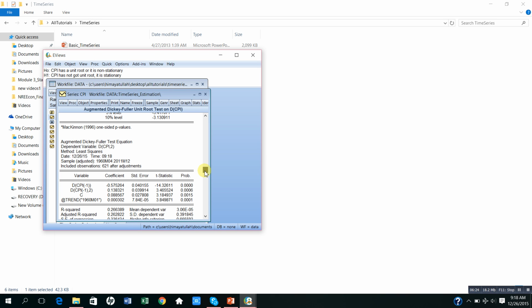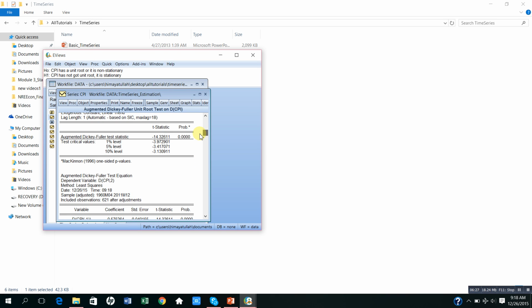Now if I compare the ADF test statistic, that is minus 14.32611, with the test critical values at 1%, which is minus 3.97, at the 5% level it is minus 3.417, and at the 10% level it is minus 3.130911, this test value is in absolute terms greater than all of these, and you can also verify the same from the p-value.